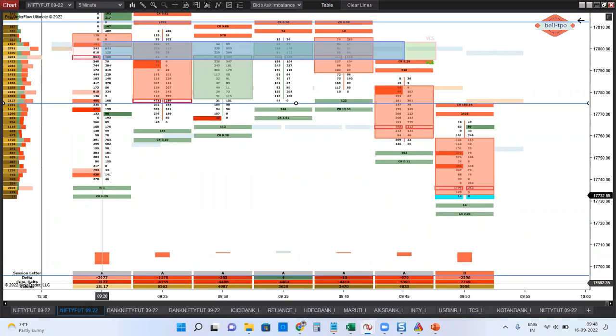This kind of market, yes, opens gap down, has a little bounce back and settles down, and once again starts coming down, right? So this is completely a different scenario. Not every gap down is the same thing.